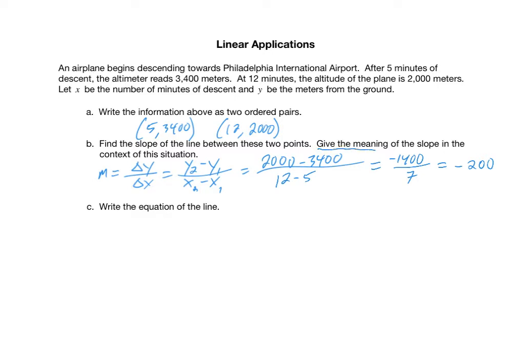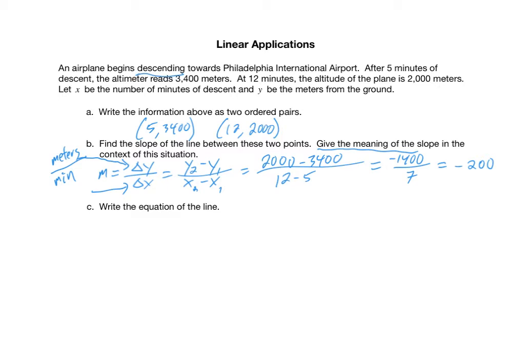But we also want to give the meaning of the slope in the context of the situation. Well, what were our y values again? They were the altitudes measured in meters. So we've got meters per, the x values was the time measured in minutes. So meters per minute. That's the meaning of this negative 200. And specifically, the reason it's negative is because the plane is descending.